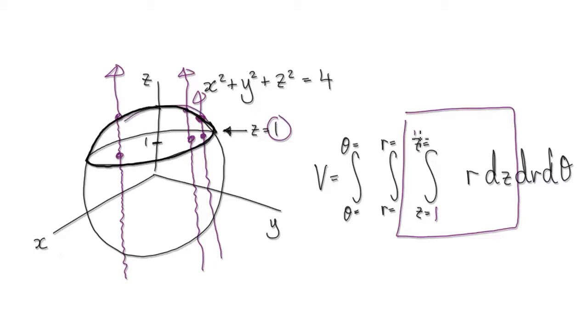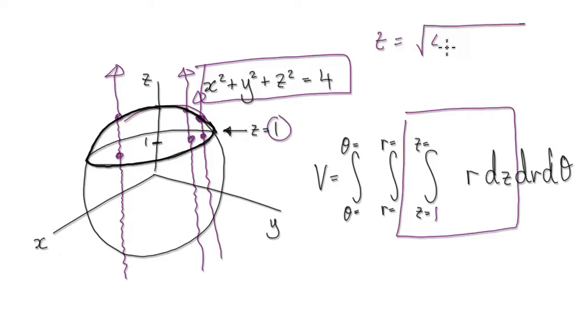Well, what is this surface? It would be z equals something. So if you want to know this surface, rearrange this to make z the subject. So z equals the square root of 4 minus x squared minus y squared. You get the positive version and the negative version.